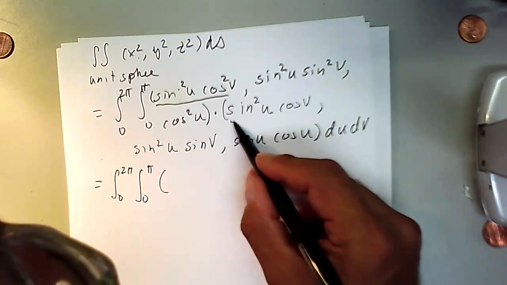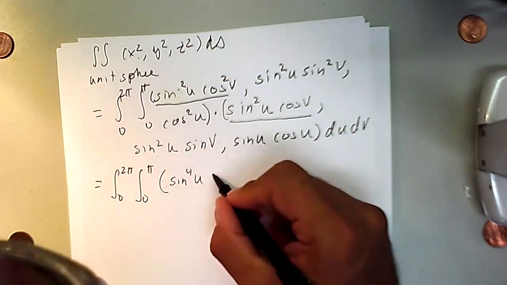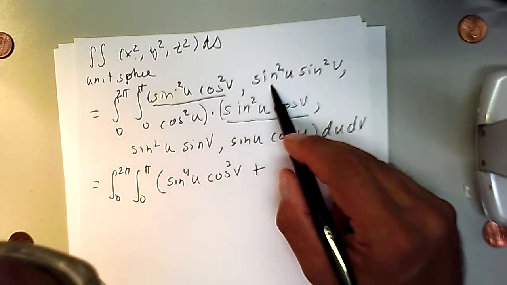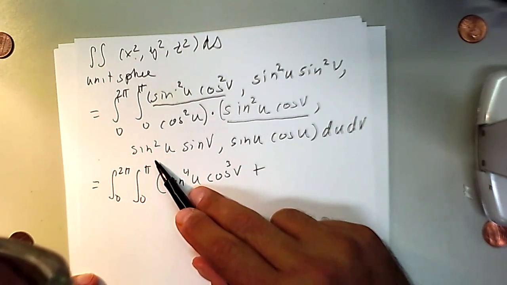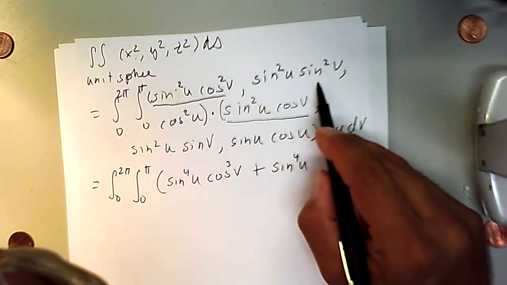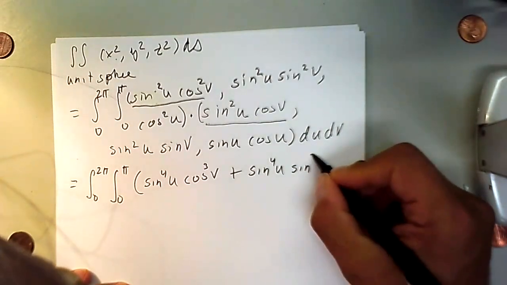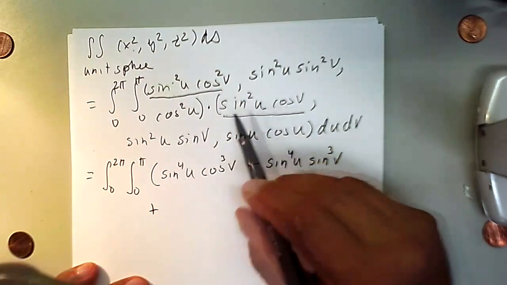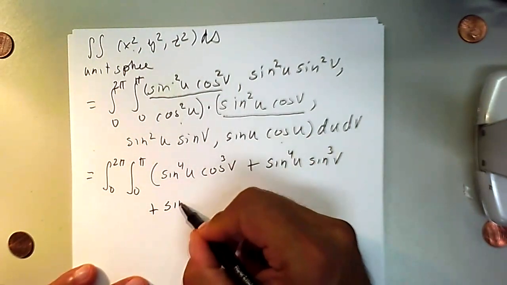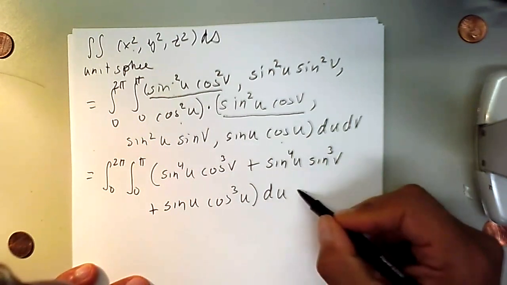So that and that gives us sine to the 4 of u cosine cubed of v, plus sine squared of u, that's the second component, sine squared of u, so that's sine to the 4 of u, sine squared of v and sine of v, that gives us sine cubed of v, plus, and then the last component is cosine squared u, and then another cosine of u, so we have sine u cosine cubed of u, du dv. Okay.